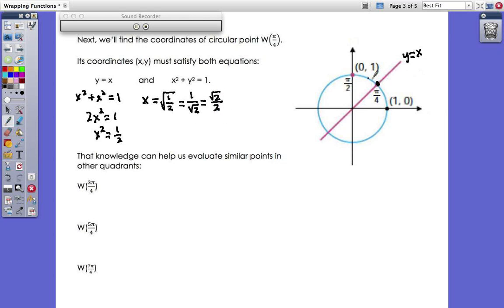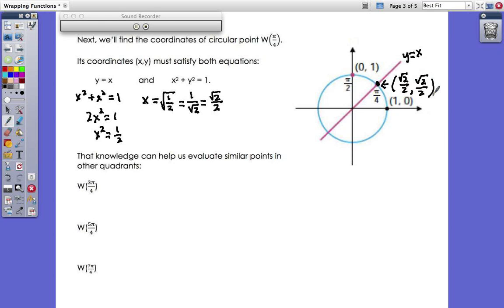So this ordered pair right here has coordinates root 2 over 2 for x, and the same exact coordinate for y, because it's on the line y equals x. Root 2 over 2, root 2 over 2.